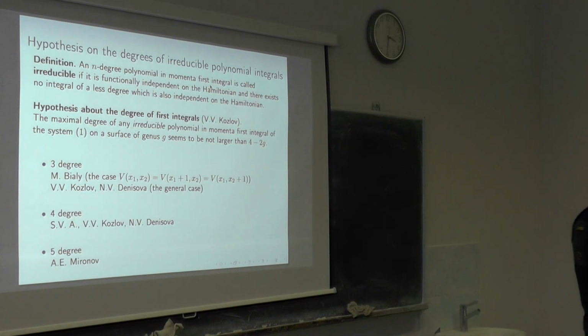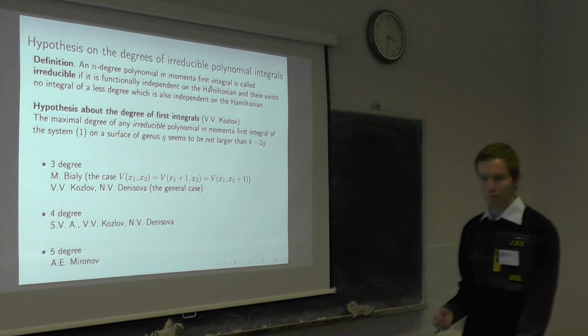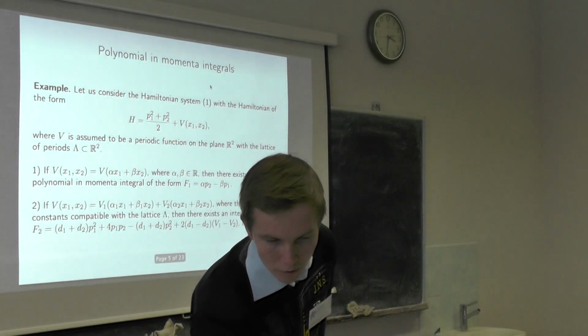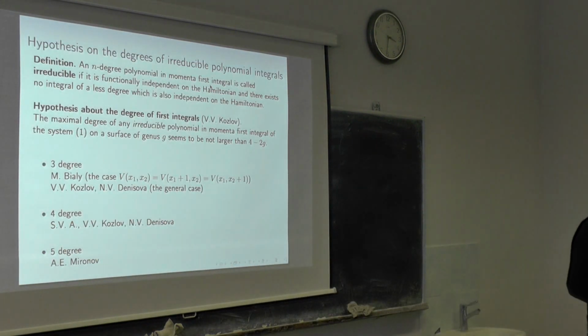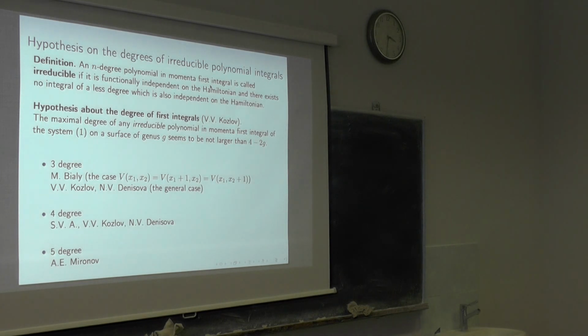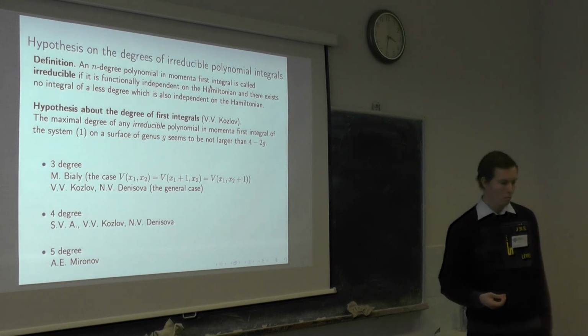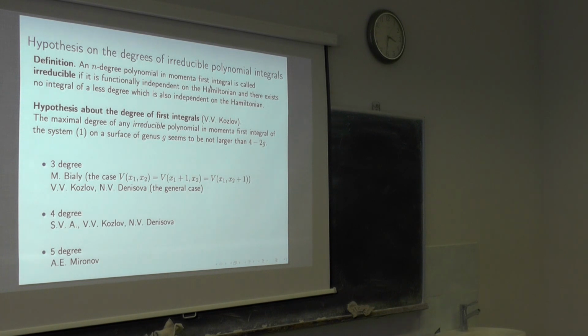And there is a hypothesis, firstly given by Kozlov, that states that in the case of the two-dimensional torus, these two cases, which were described above, are the only cases when there exists an additional analytical first integral of the first or of the second degree. It is just a hypothesis and it is not proved yet, but what is known so far?